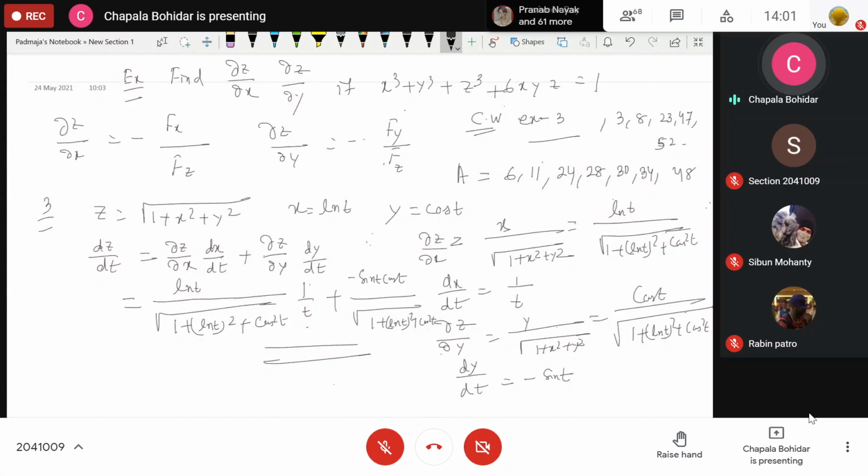Or is there any mistake anywhere? I think it is correct. Del z by del x is this one, del z by del y is this one, and I have substituted the values of x and y. It is this one. It is over. Question number 3 is over.